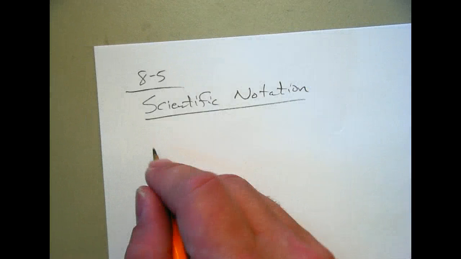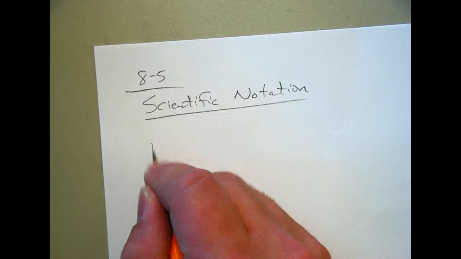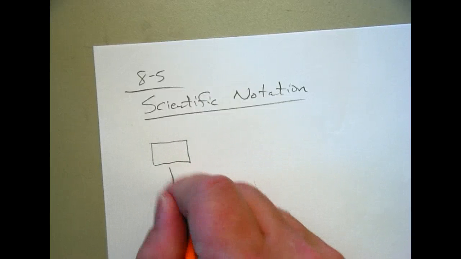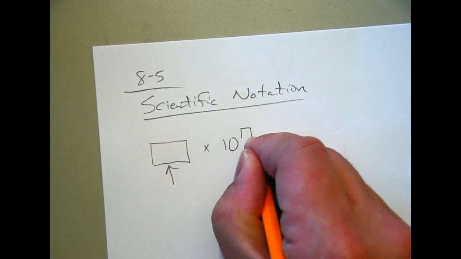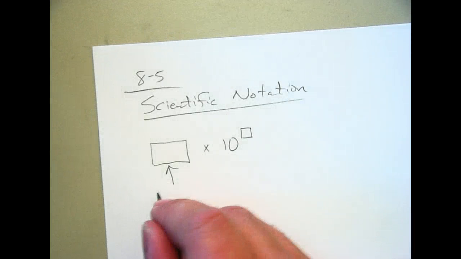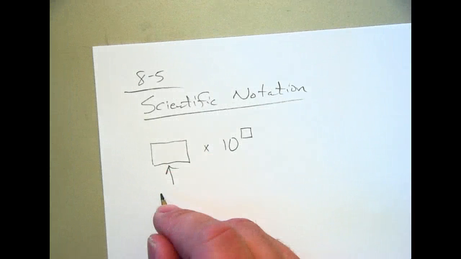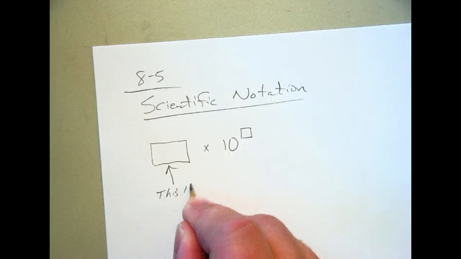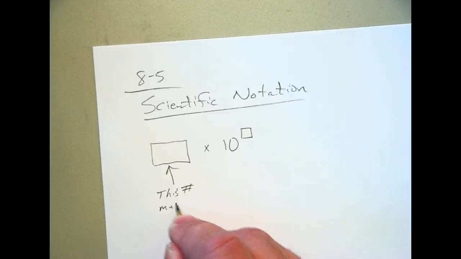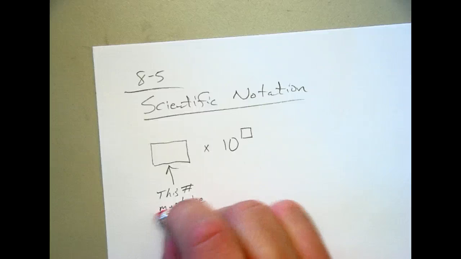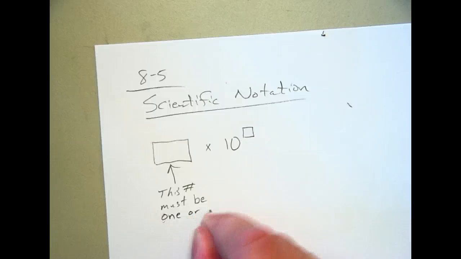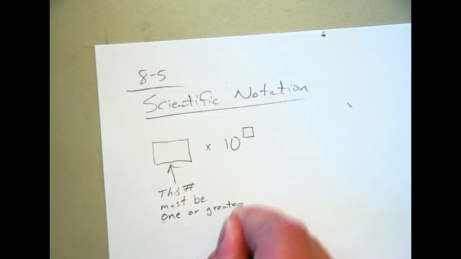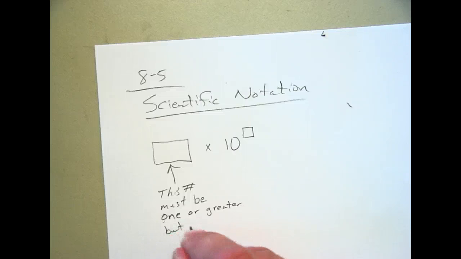When you're in scientific notation, you have some number times 10 to some power. Okay? This number right here, whatever this number is, must be 1 or greater but less than 10.